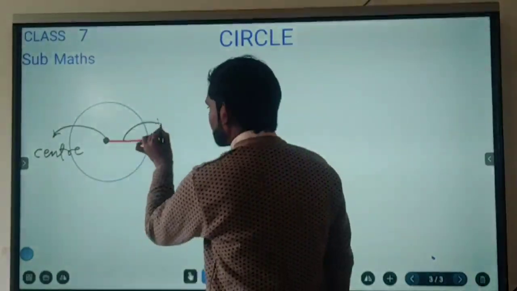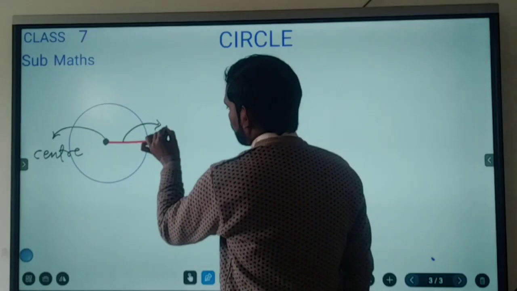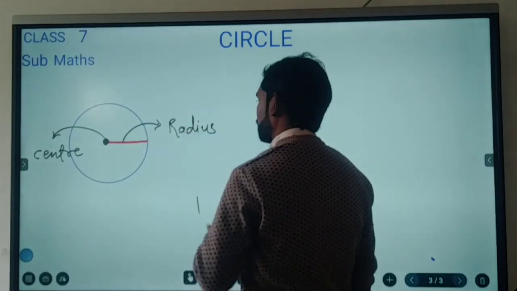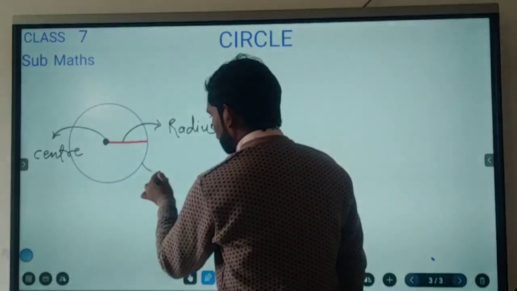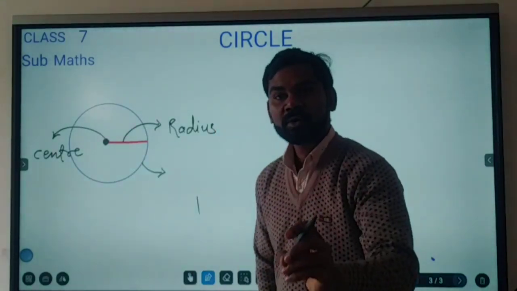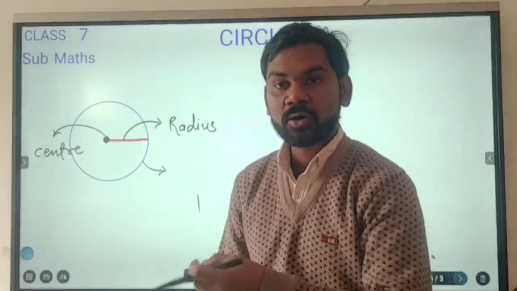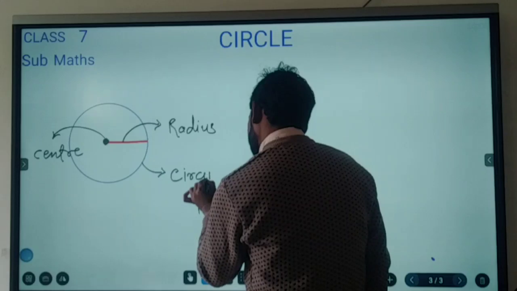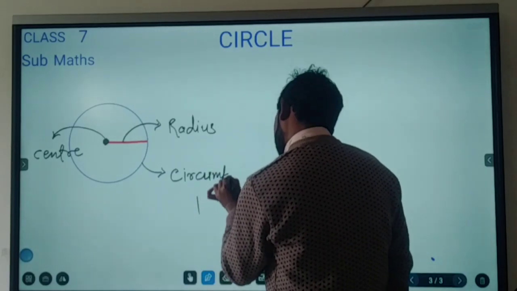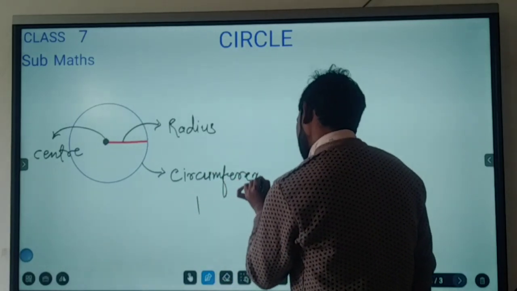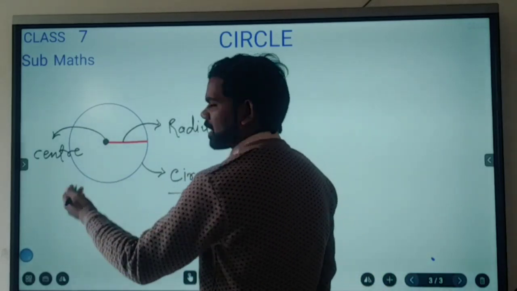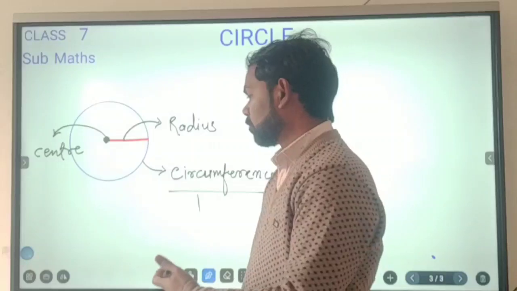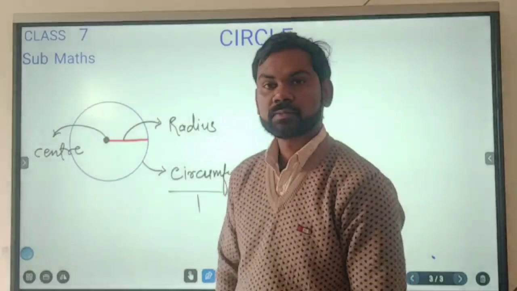The distance from the center to its boundary is called the radius. And whenever we find the measure or length of this boundary, it is called the circumference. So these are the basic parts of a circle, and I hope all of you are clear.